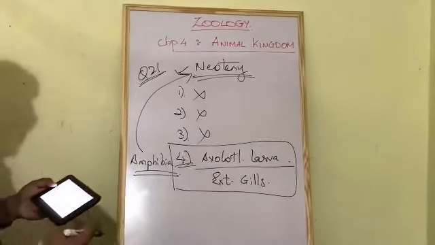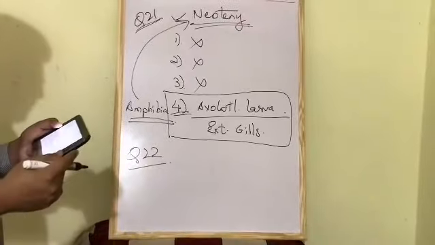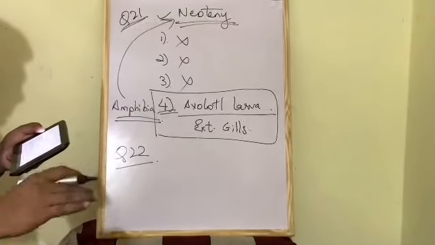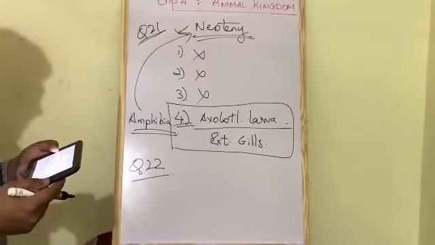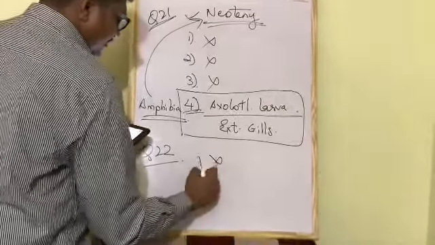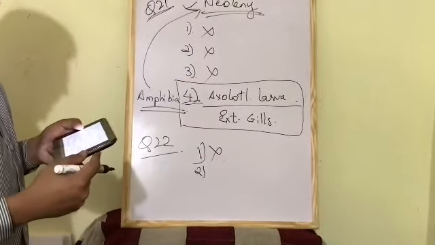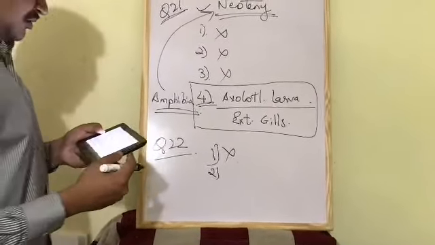Next we go for question number 22. Question number 22 says, limbless amphibians belong to the order. Pretty much a straightforward question. The first option is Anura. The first option is incorrect because anurans, or frogs and toads, do have limbs, which you all know.